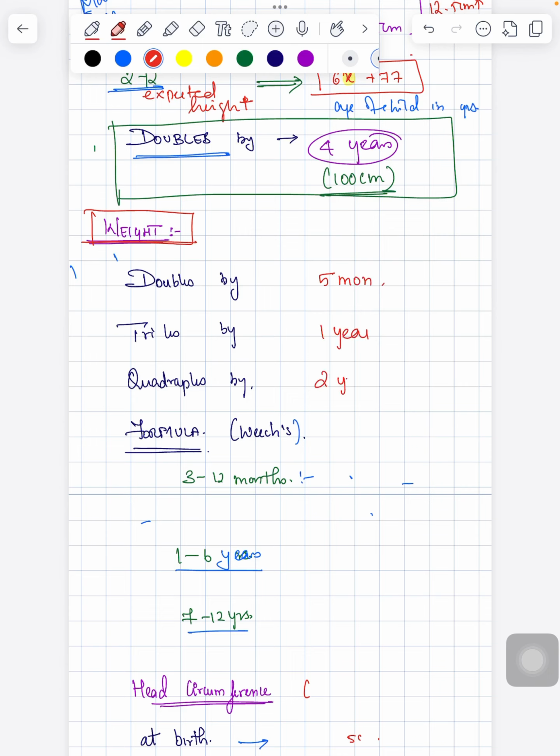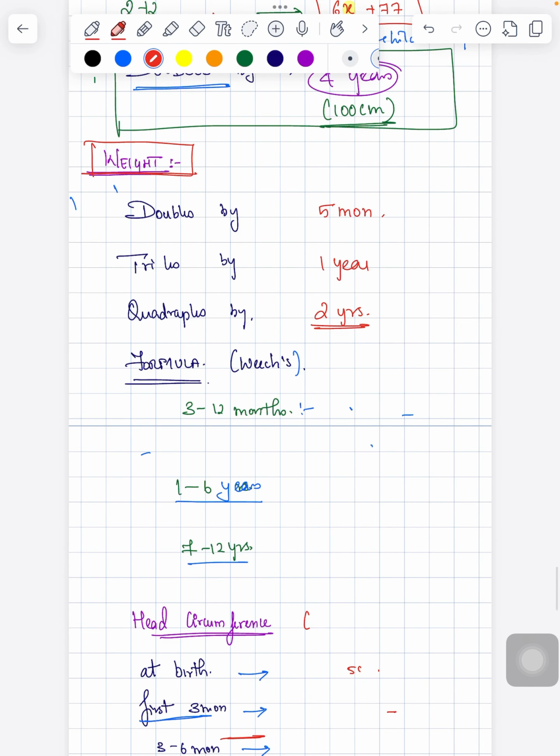And to calculate the expected weight of the child, we use the Weech formula. At 3 to 12 months, it is (age in months plus 9) divided by 2. For the child between 1 to 6 years of age, we use 2x plus 8, where x stands for age of the child in years.